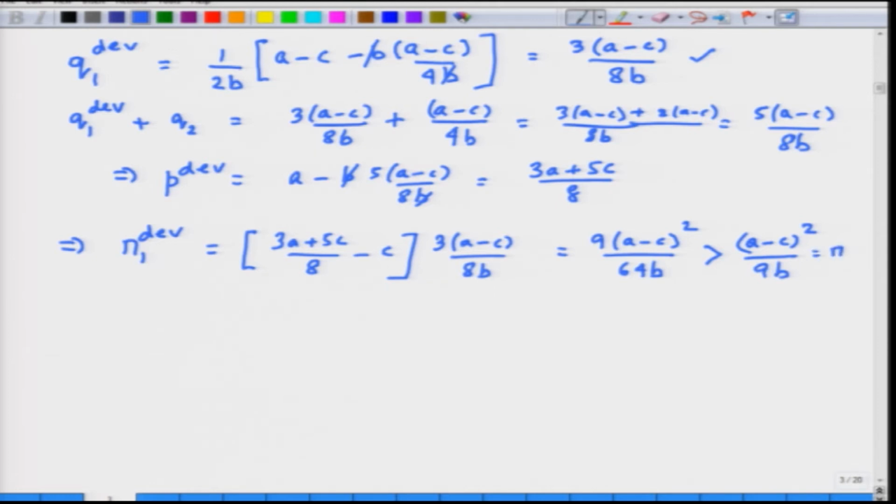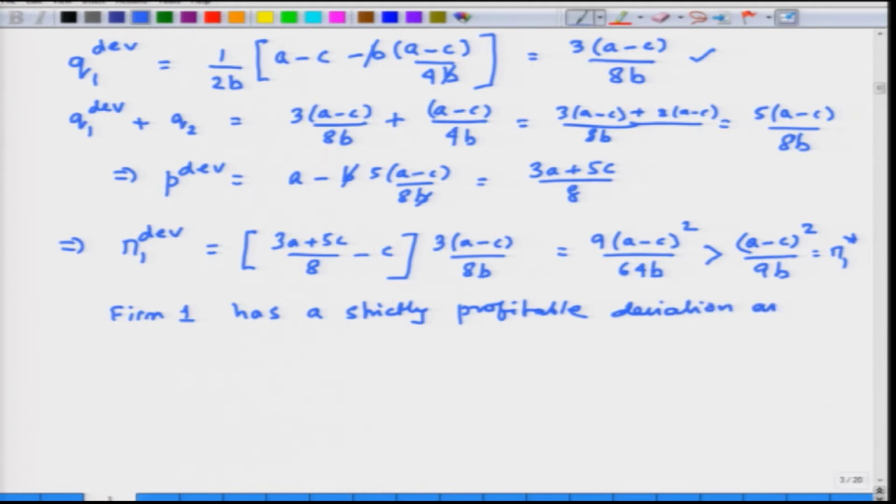So, this is the Cournot profit, right. So, firm 1 has a strictly profitable deviation and will therefore not produce half of the monopoly output, right.